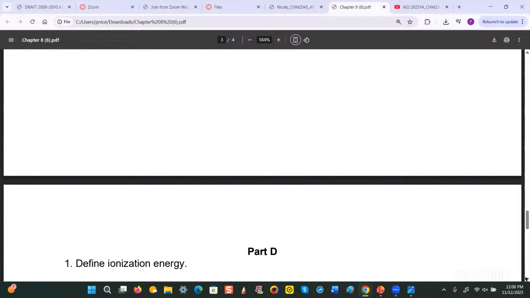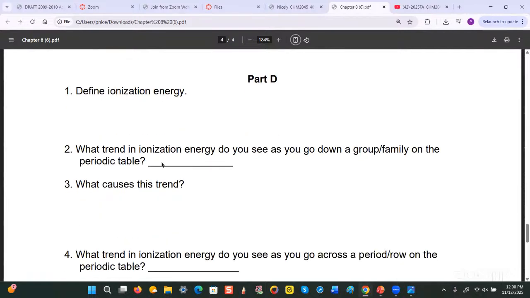The question says, define ionization energy. And the answer is what? It's the energy required to remove an electron from a ground state gaseous atom. Exactly. That's a mouthful.